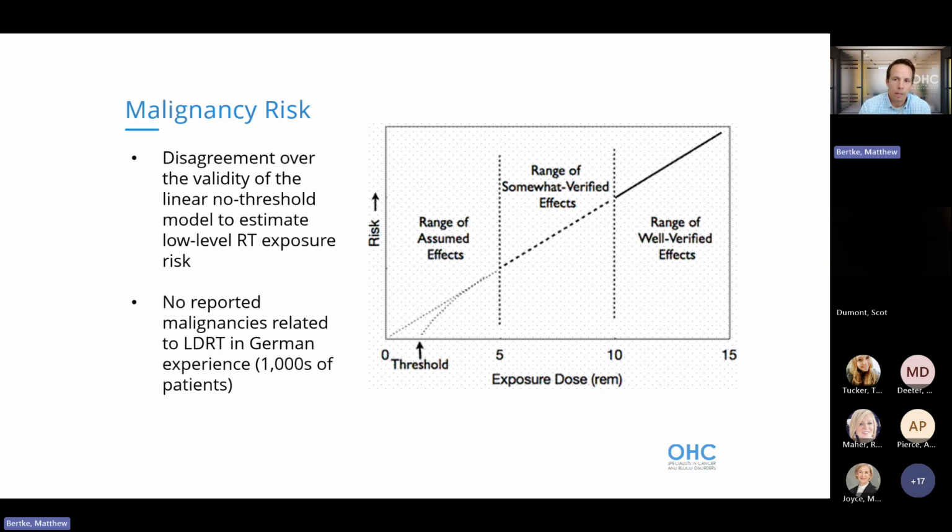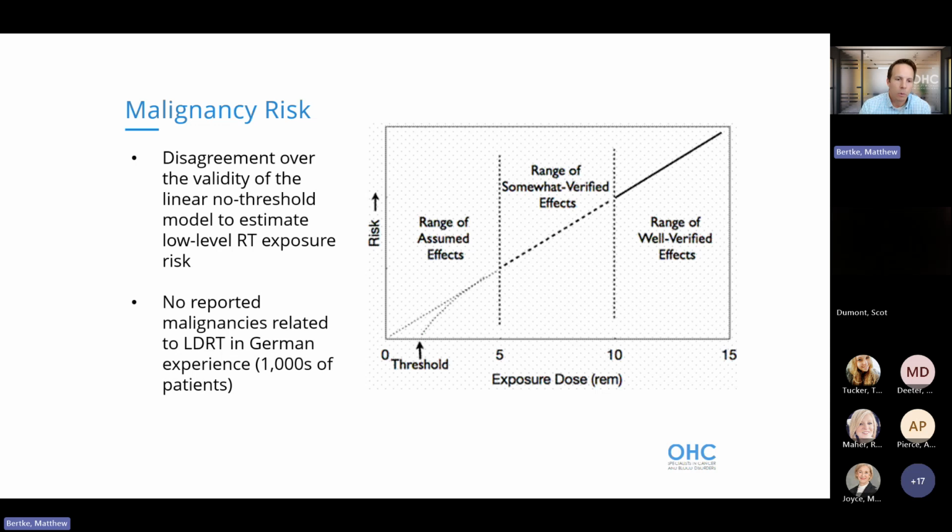And there are cases that have been reported, and you can see what the expected rate is. As you go down to lower and lower doses, you have less and less verified effects. And in the range of radiation dose exposure that we use for low dose radiation for arthritis, we're below the range where there's ever been a reported case of cancer being caused by radiation.